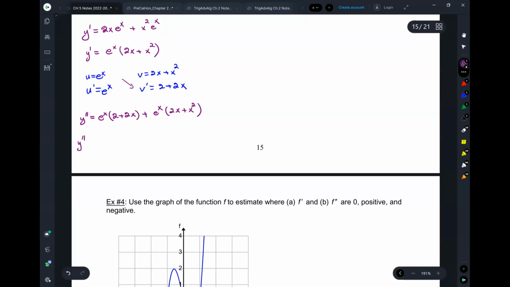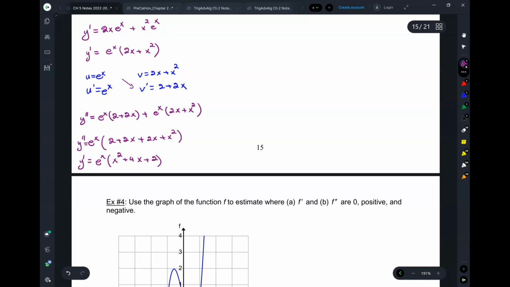Okay, so e to the x, and then we get 2 plus 2x plus 2x plus x squared. Okay? So this is e to the x, and then what's this? x squared plus 4x plus 2.